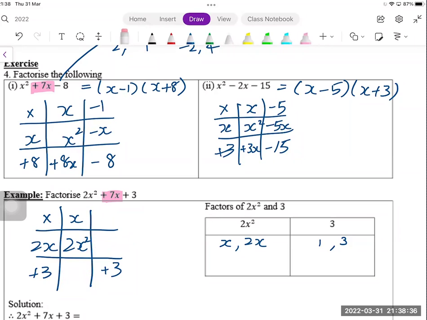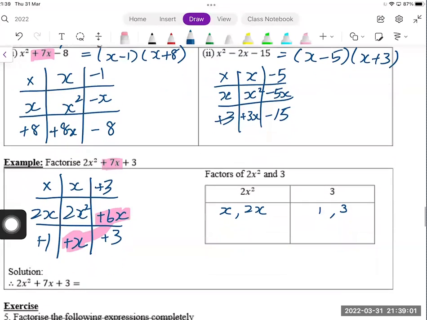So let's see what happens when I change the positioning. Now instead of +1 here, I put my +3 here and my +1 here. This one becomes plus x, and +3 times 2x becomes plus 6x. You realize that now with plus x and plus 6x, I can get my plus 7x.